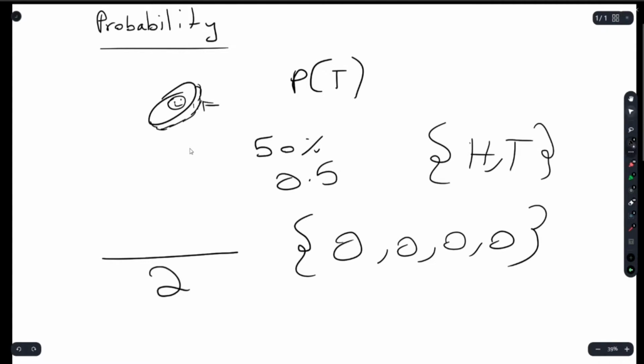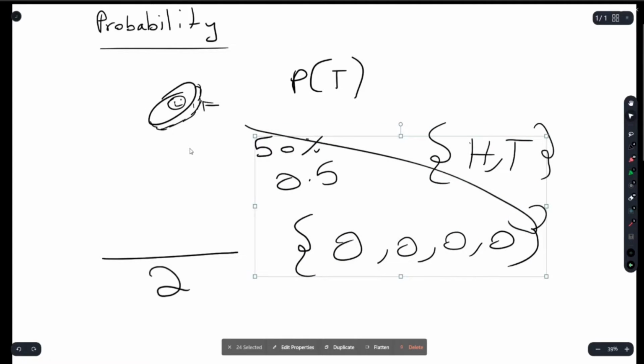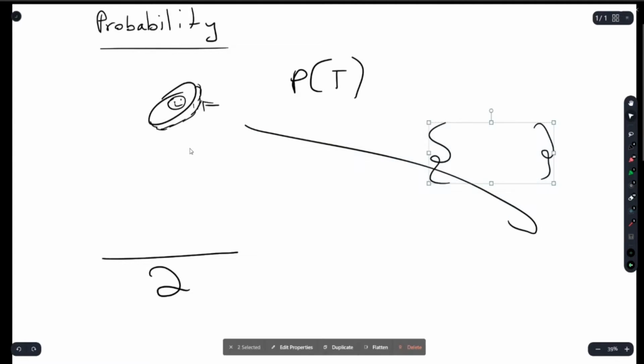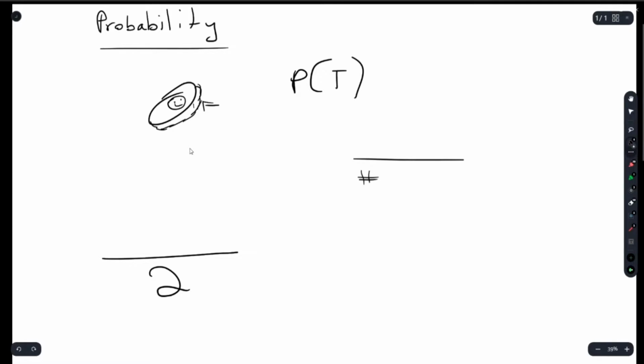I'll write this to make it more clear. The denominator is the number of elements in the sample space.